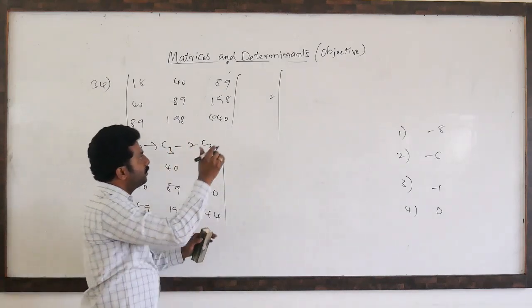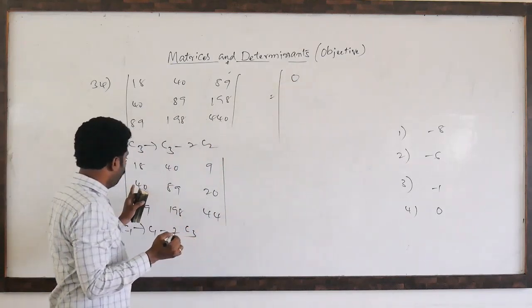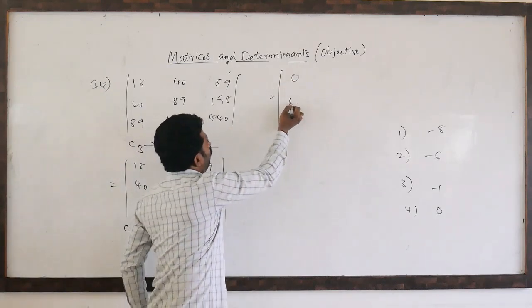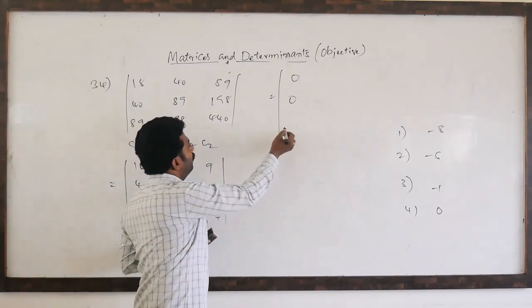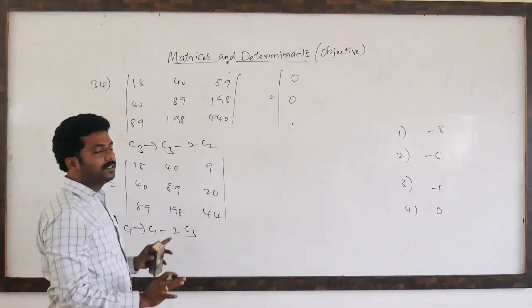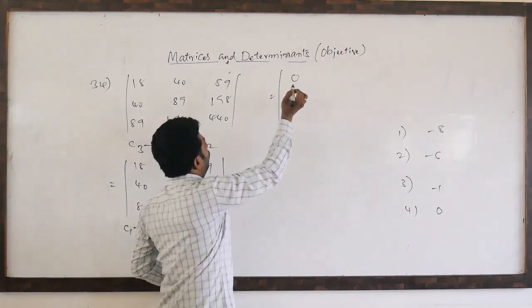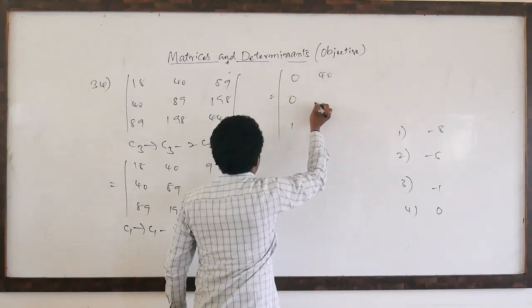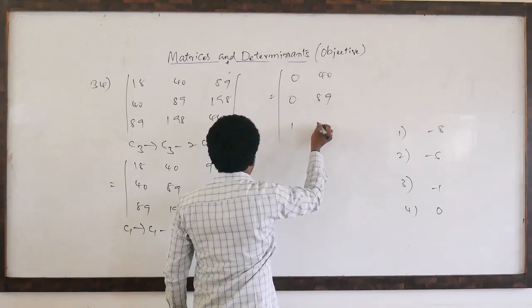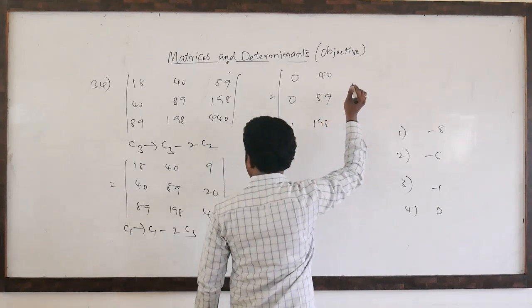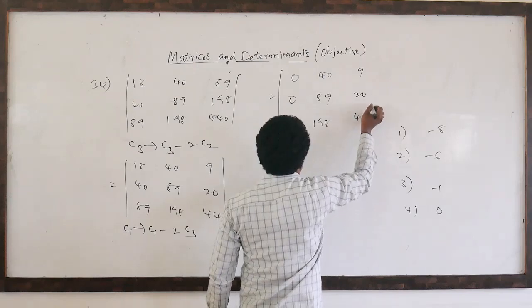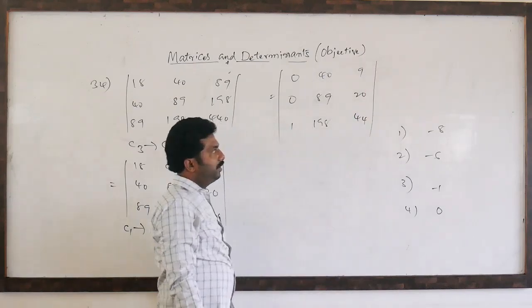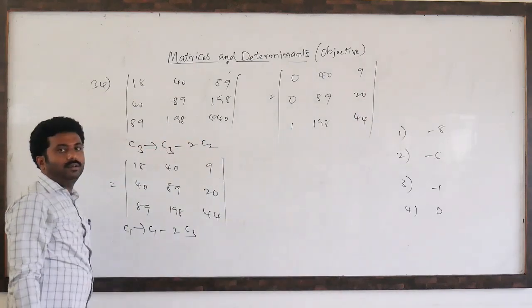So 18 minus 18, 0. 40 minus 2 into 20, 0. 89 minus 88 means 1. No changes in the remaining two columns: 40, 89, 198, 9, 20, 44.